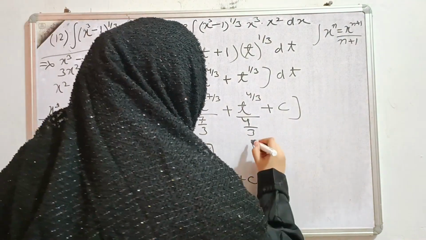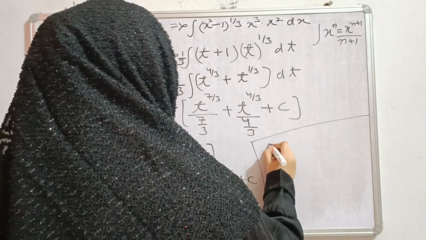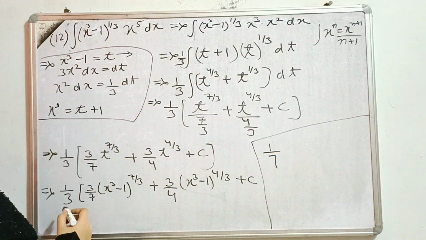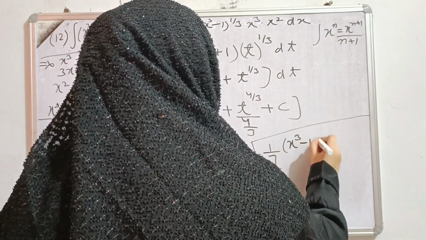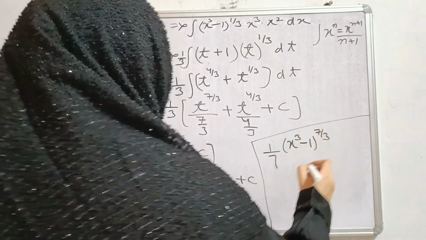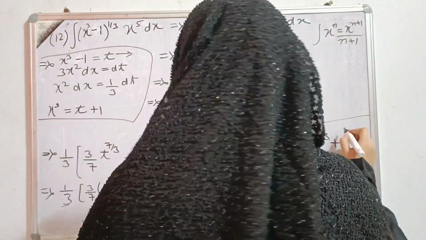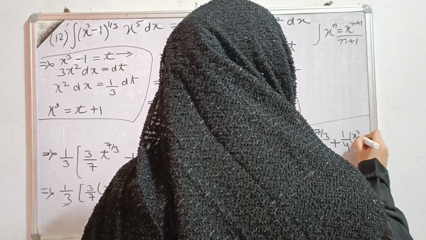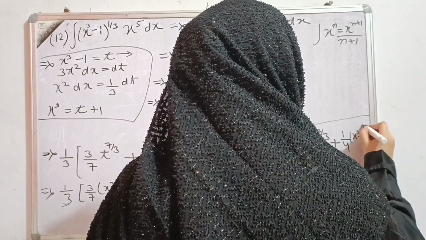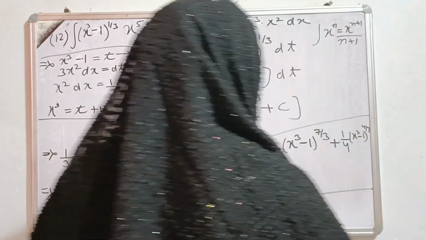So here we got the final answer: the 3s cancel out, and here too the 3s cancel out. We got 1 upon 7 x cube minus 1 power 7 upon 3 plus 1 upon 4 x cube minus 1 power 4 upon 3, plus c. So scholars, this is our final answer.